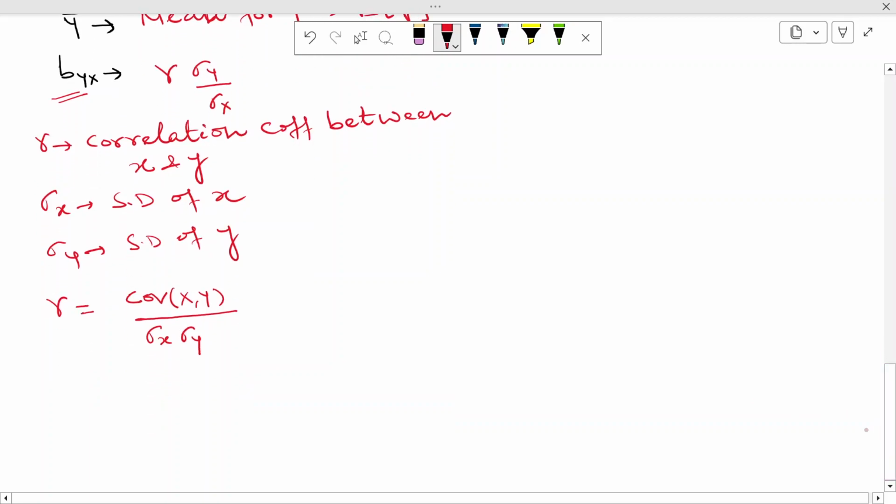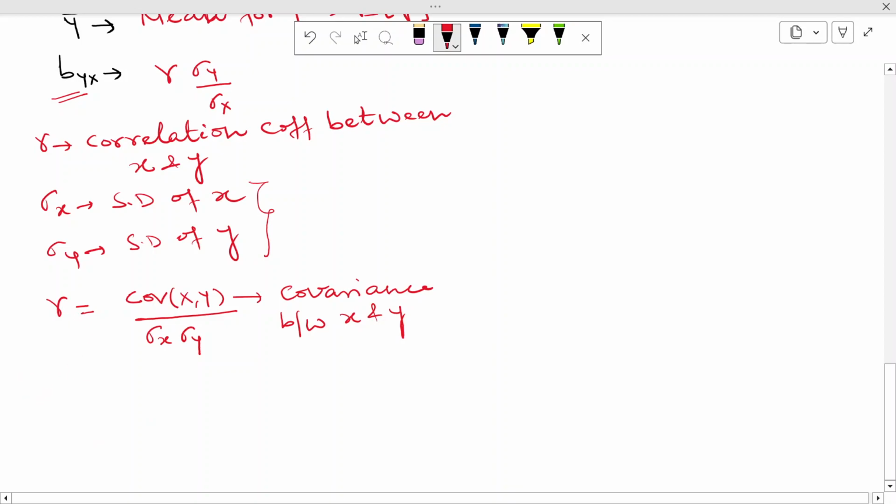So this is the covariance between x and y, and sigma x and sigma y are the same as defined here.